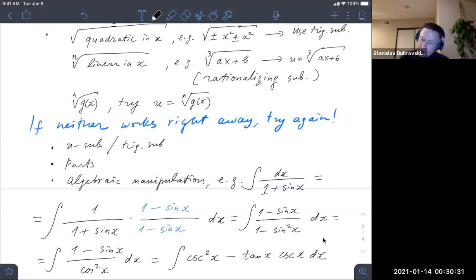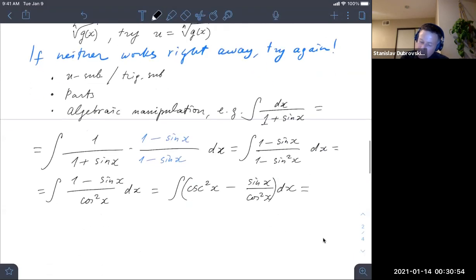That's one way to think about it. Or another way to think about it is just leave as it is, 1 minus sine x over cosine squared x dx.